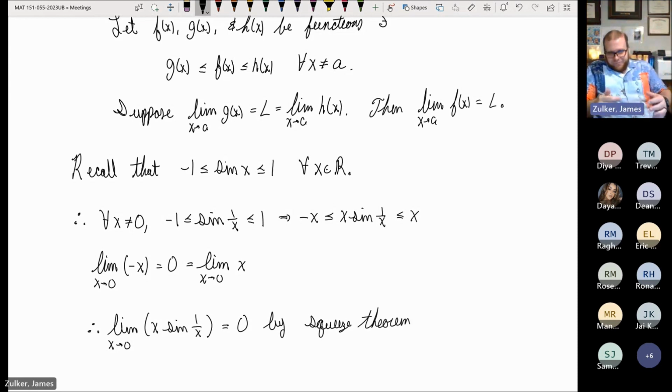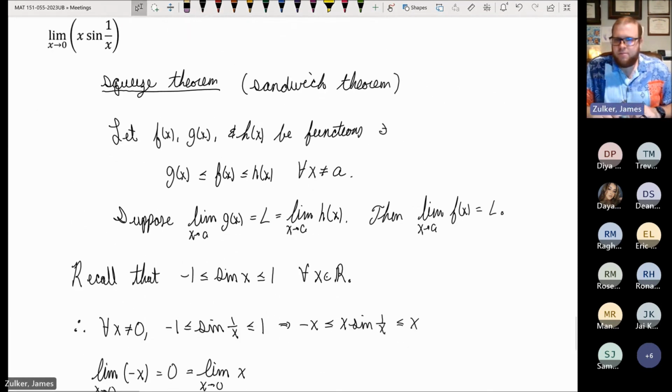So our limit, the limit of x times sine of 1 over x as x approaches 0, is 0 by the squeeze theorem. So of all the techniques of evaluating limits algebraically, squeeze theorem is probably the one that is most often forgotten about.